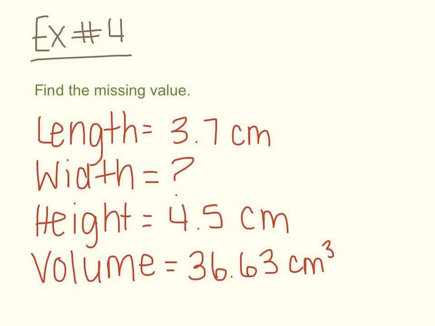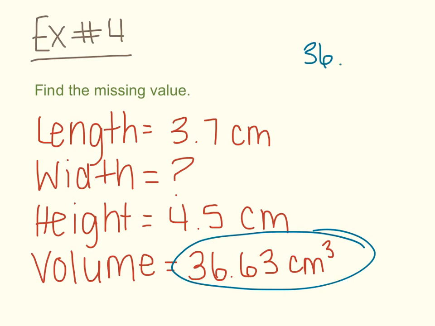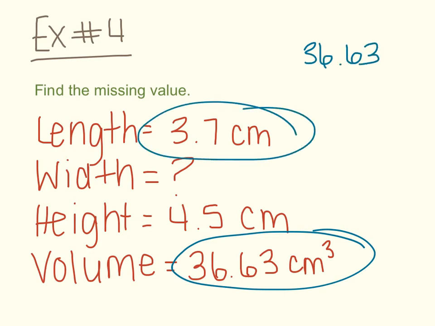And now we're finding the missing value again. So we start with our answer, 36 and 63 hundredths, and we divide by one of our numbers. Let's start with 3 7/10. Remember, you can't have a decimal in your divisor, so you move it over one place.